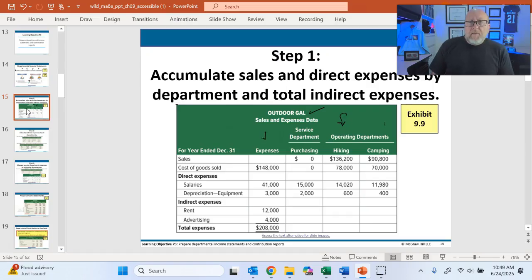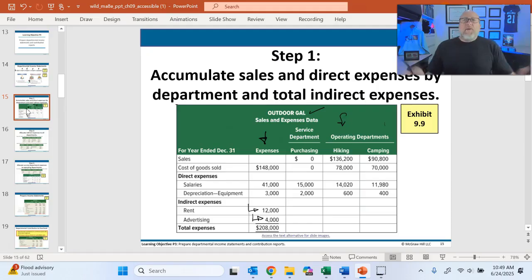So in this particular column, we're just adding up all of the expenses so far. And so we've got 41,000 in salaries from these three departments. And then we have depreciation of 3,000 from these three departments. And then we have indirect expenses, 12,000 and 4,000, right?